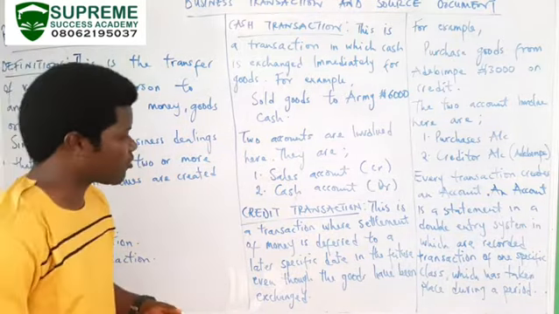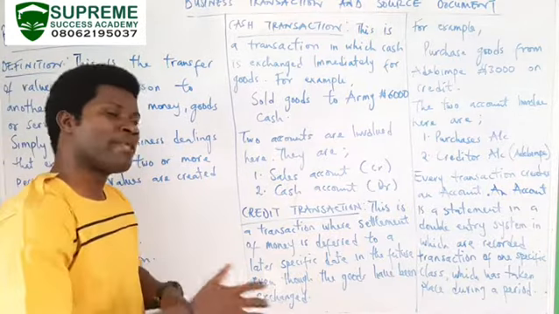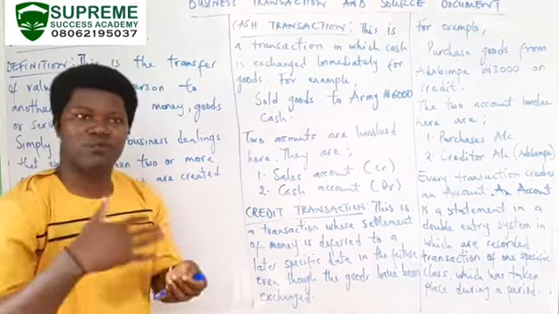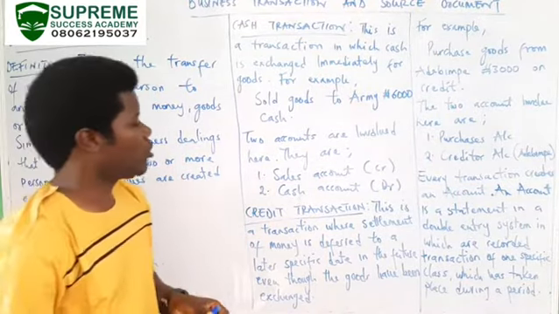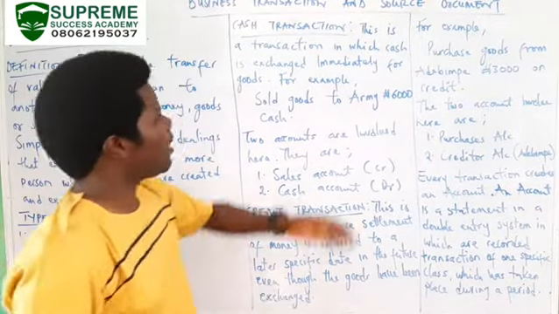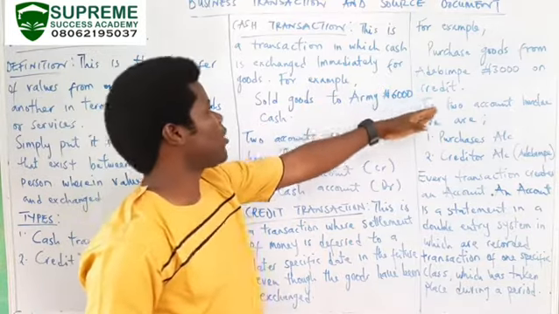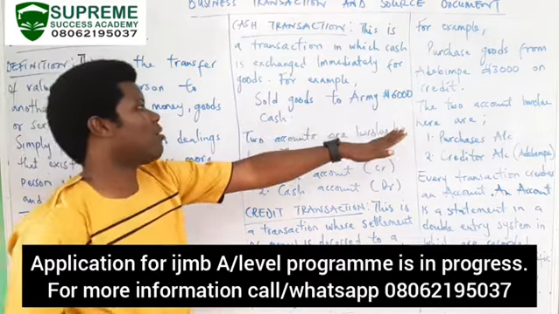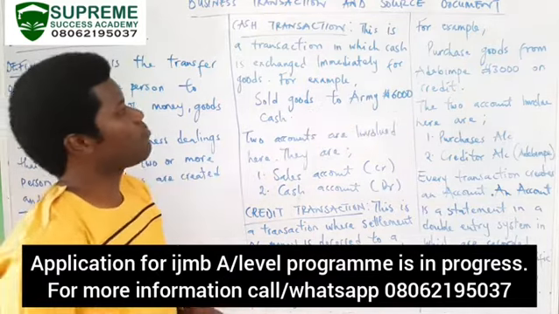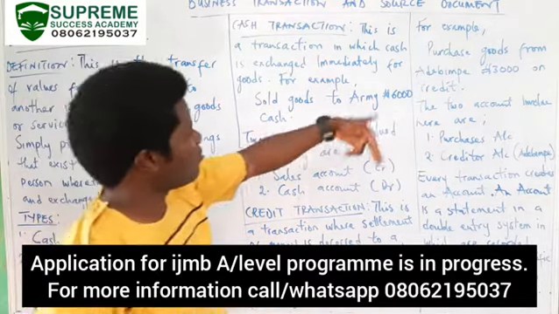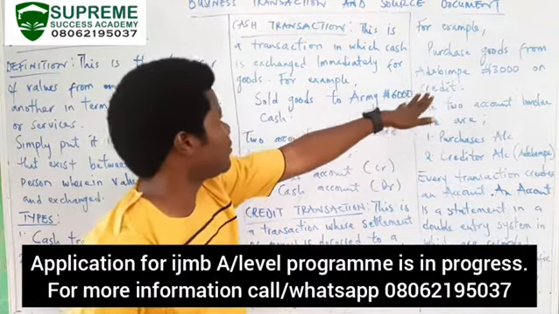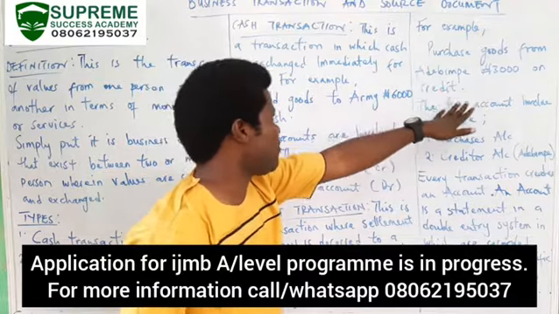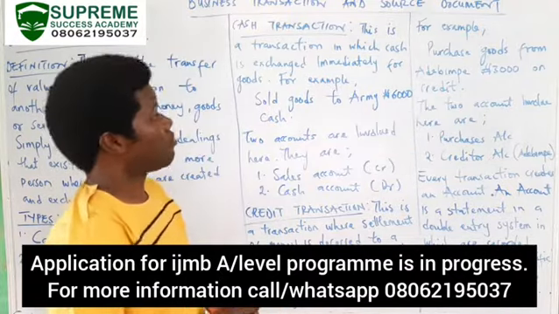So credit transaction is when there is an exchange of goods, an exchange of services without an exchange of money. For example, again, we have purchased goods from Adebimpe, 3,000 on credit. So this is an example. A person goes and buys goods that is worth 3,000 from Adebimpe, and he did that on credit.